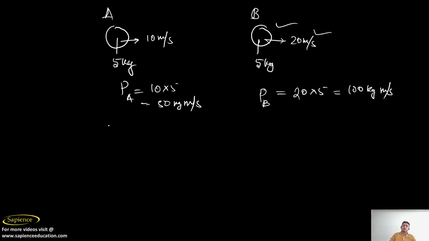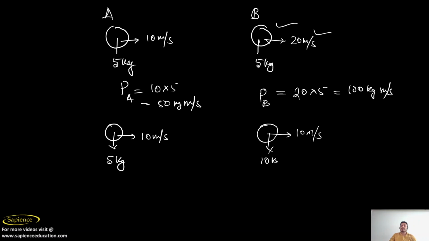Now in the second case, suppose one body has a mass of 5 kg and velocity is 10 meter per second, and another body has the same velocity, 10 meter per second, but the mass is 10 kg.